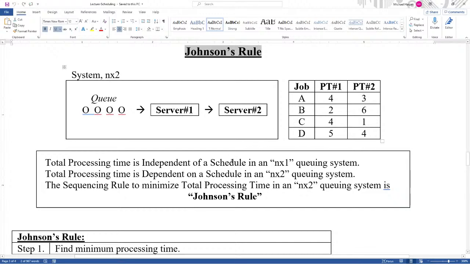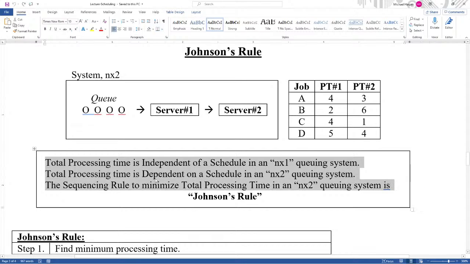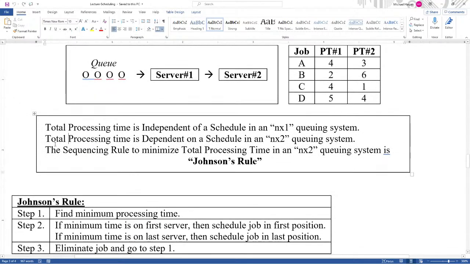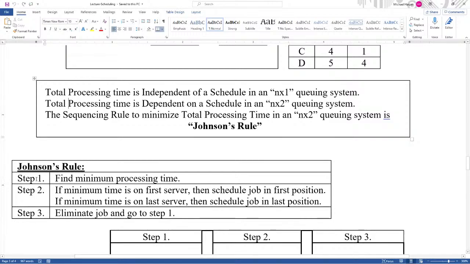So let's do it. Johnson's rule is a 3-step algorithm. The total processing time is independent of a schedule in an n-by-1 queuing system. The total processing time is dependent on a schedule in an n-by-2 queuing system.